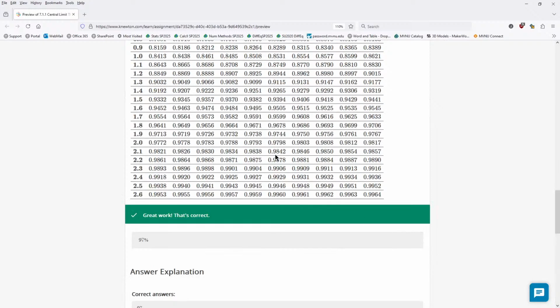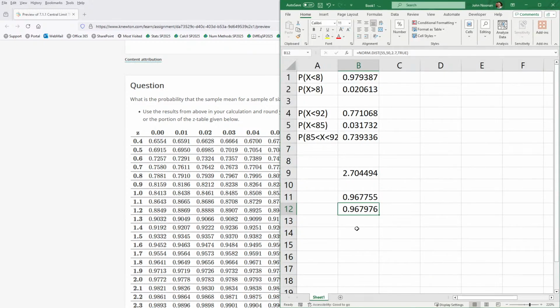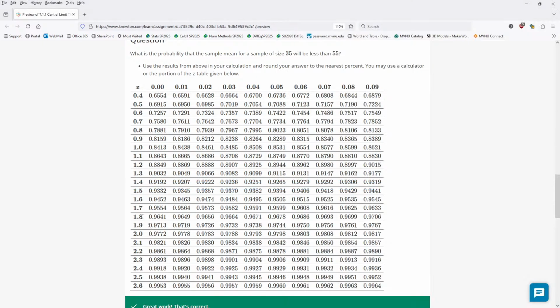So just in case it doesn't work for you, what you will need to do is compute the z-score for 55. So let's do that. The z-score for 55 is 55 minus 50 divided by the standard deviation, which is 2.7. So that's 1.85. And you would go on this table and you see here's 1.8.